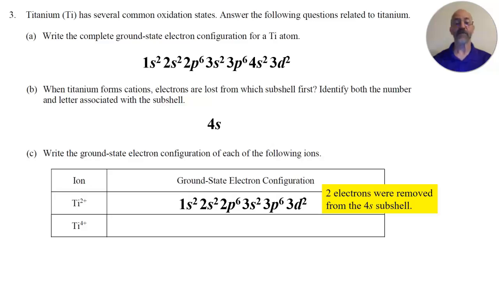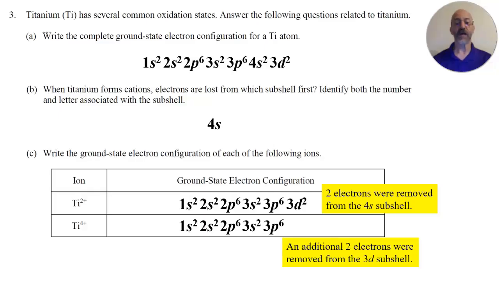Now for titanium 4+, 2 more electrons are now removed, but this time from the 3d subshell. So for titanium 4+, it's 1s2, 2s2, 2p6, 3s2, 3p6. All right, well, those are the answers to question 3.